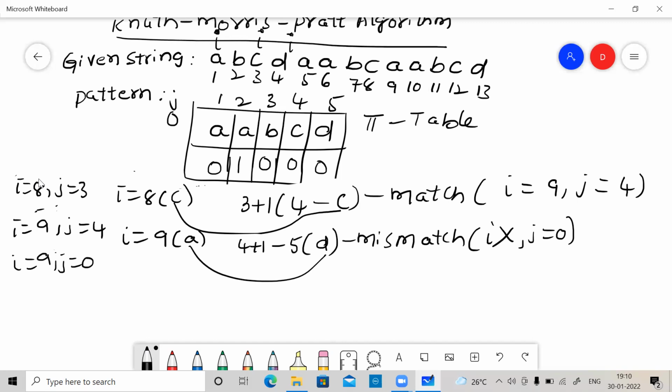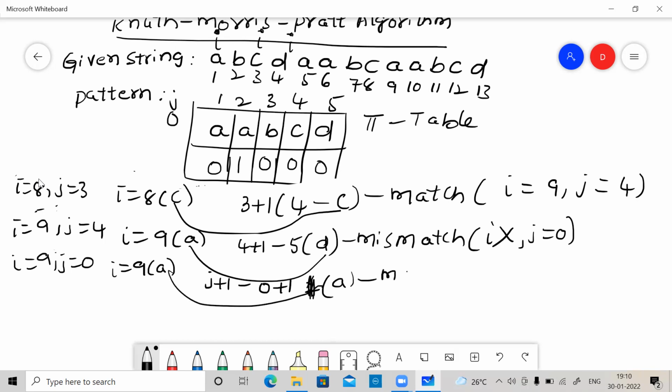At I is equal to 9, you are having A. At J plus 1, which gives 0 plus 1, sorry, which gives 1. At index 1, what is the value you are having? A. Again, both are same.